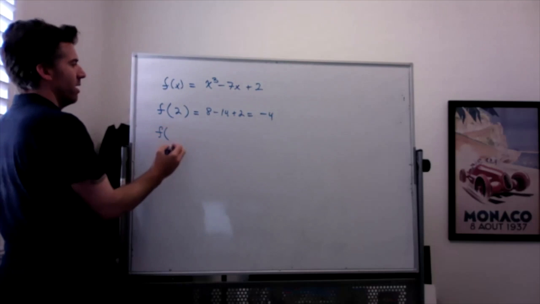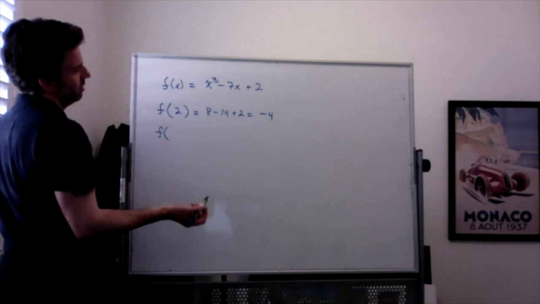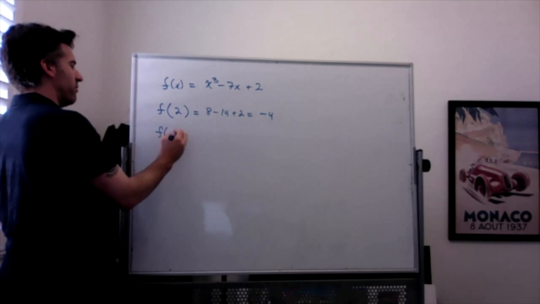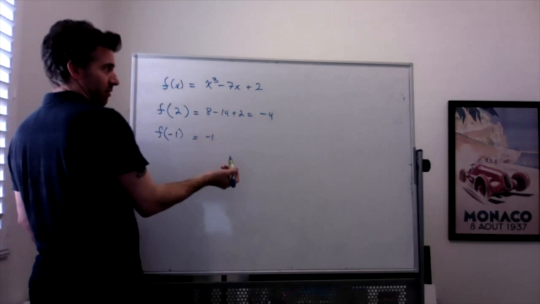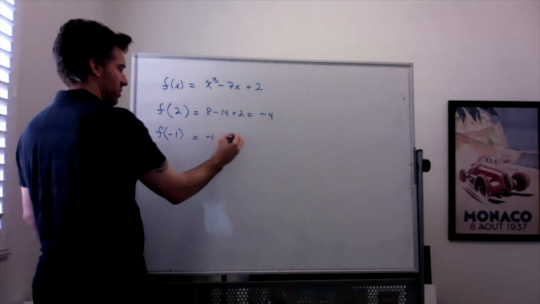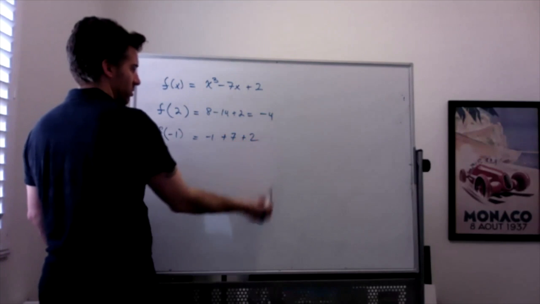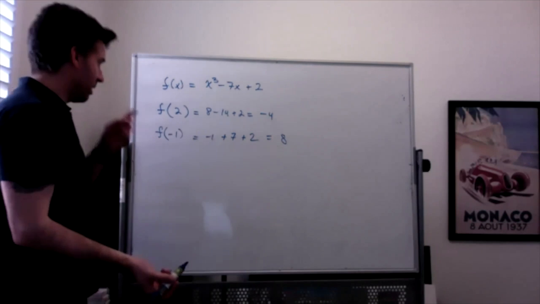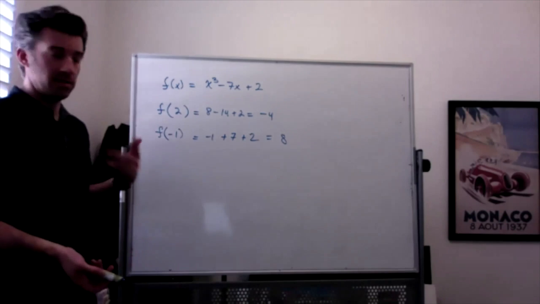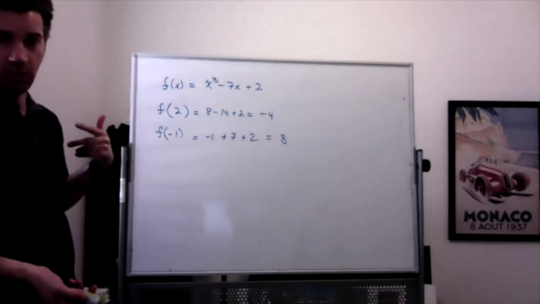And f of -1 is equal to -1 cubed, which is -1, minus 7 times -1, which is plus 7, plus 2. That's equal to positive 8. So f of -1 is equal to 8. f of 2 is equal to -4.